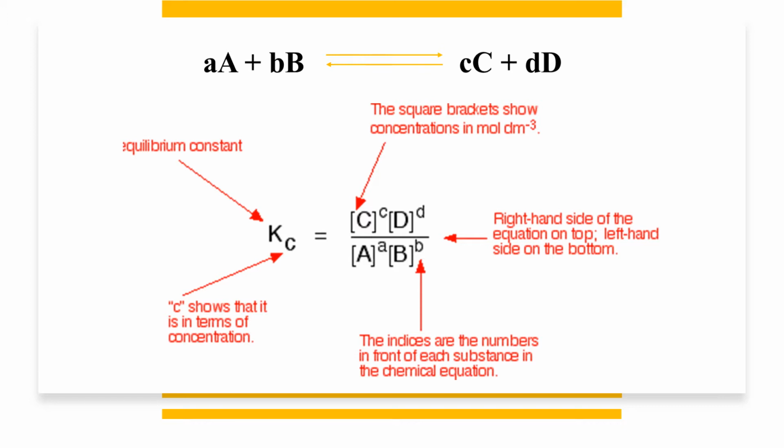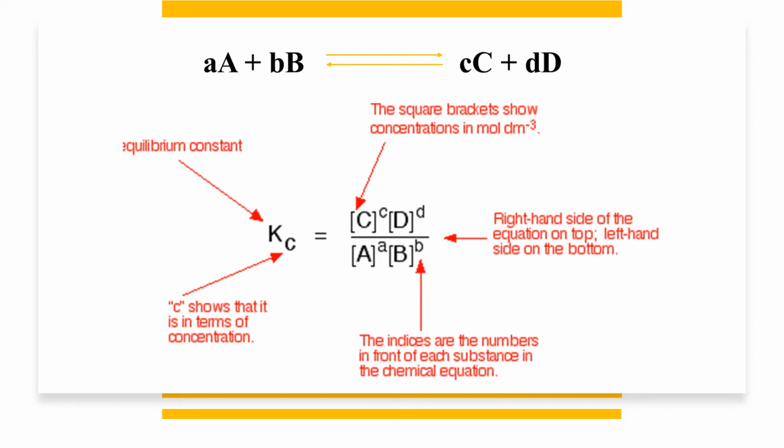You will write the right hand side of the equation on top and left hand side of the equation on bottom. Right hand side of the equation, C and D, represents the products, and left hand side of the equation, A and B, represents the reactants. Remember, the square brackets show concentration in mol dm^-3.